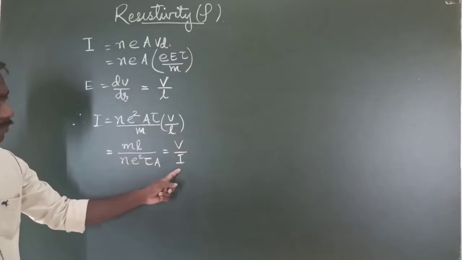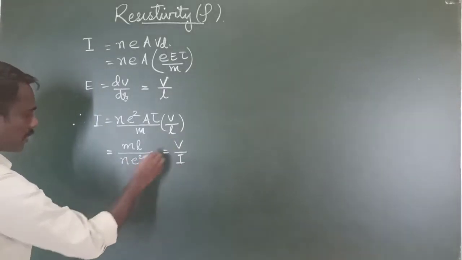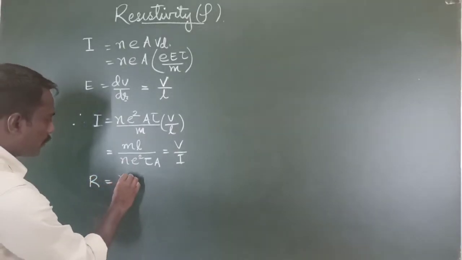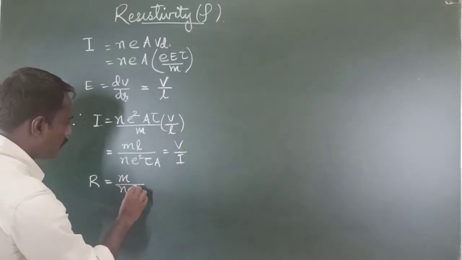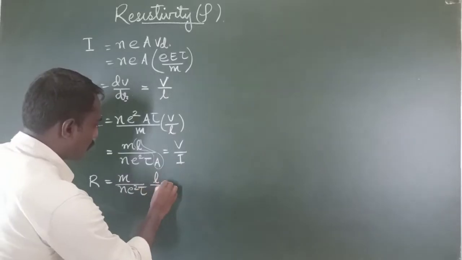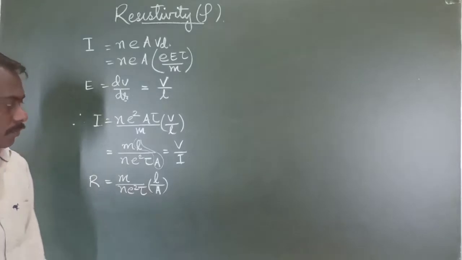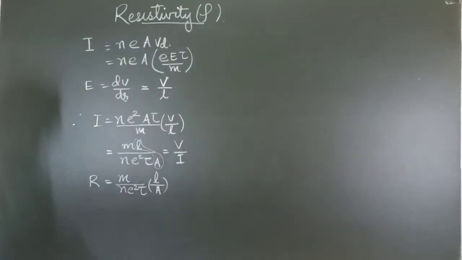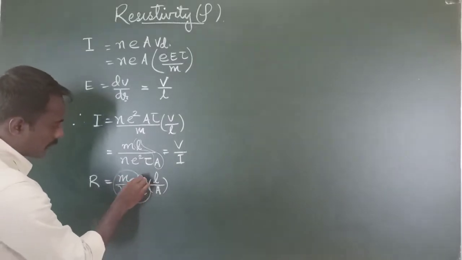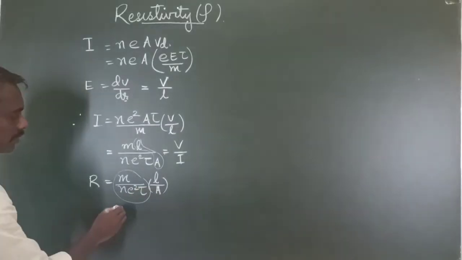And what is V by I? V by I is the resistance R. Therefore, V by I we can write as R is equal to M into N E square tau, and here the term L by A. So then we separate these two terms, L by A. What is M divided by N E square tau?